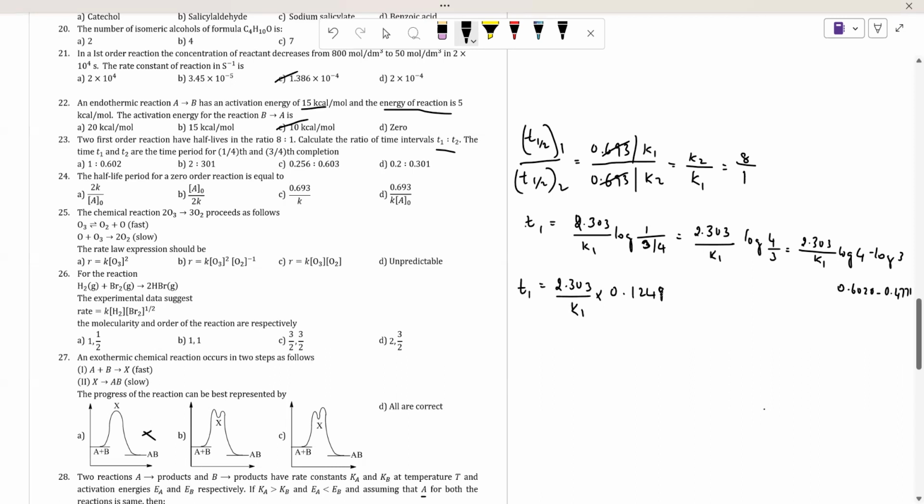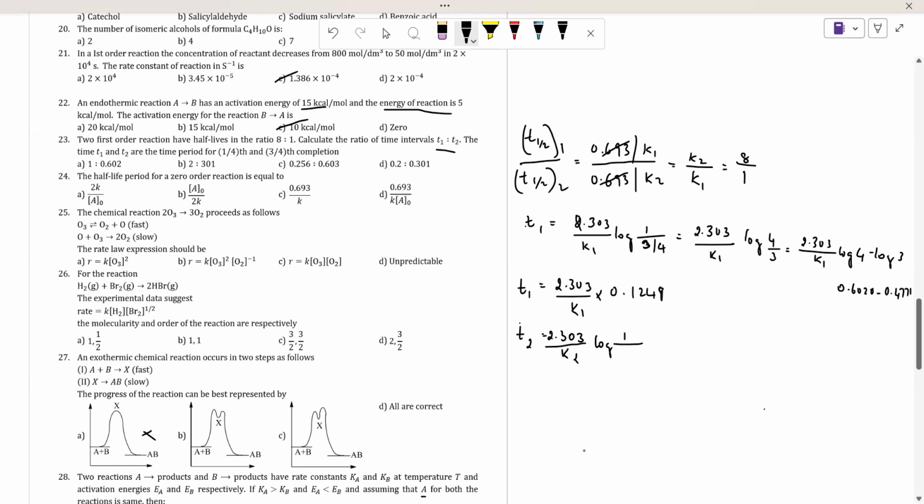Now let us also write for T2. T2 is equal to 2.303 divided by K2 log of A0, which is 1, divided by A. They are saying 3/4 of the reaction is completed, so how much reactant will be left?